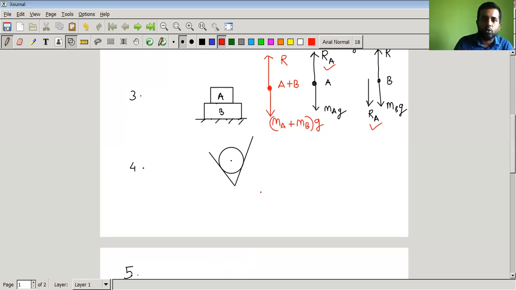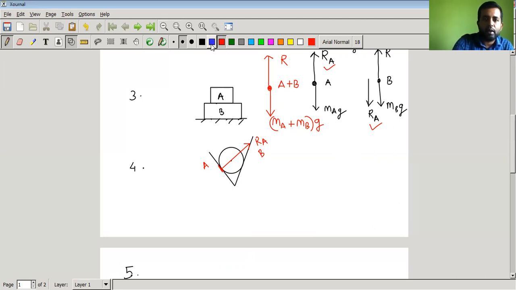We can see here that it is in contact with the ground here. So let us write it, this is surface A and this is surface B. This surface A will exert a force in this direction, and we are writing it RA. So this will be the contact force due to surface A.